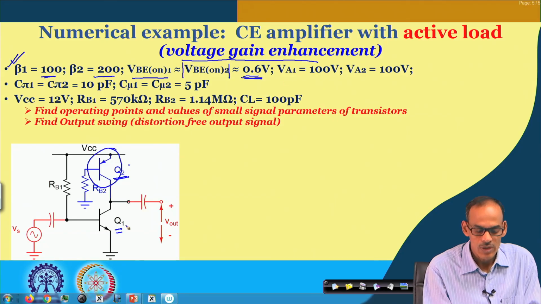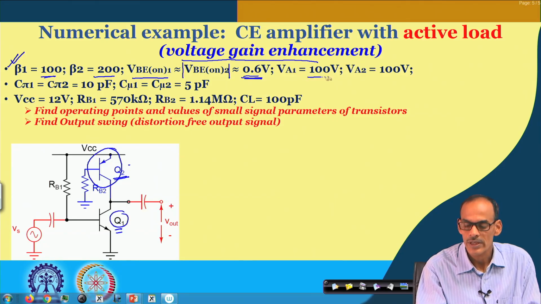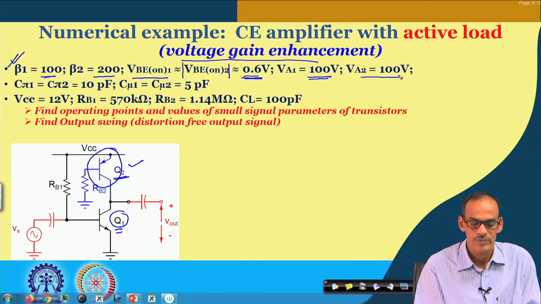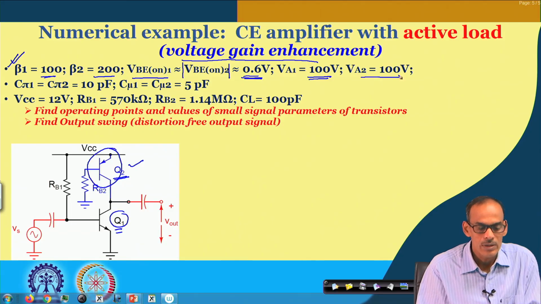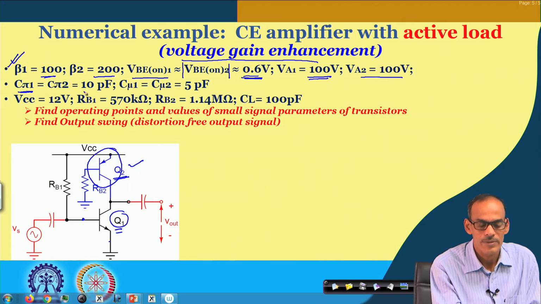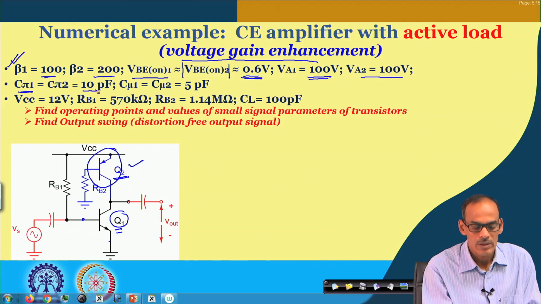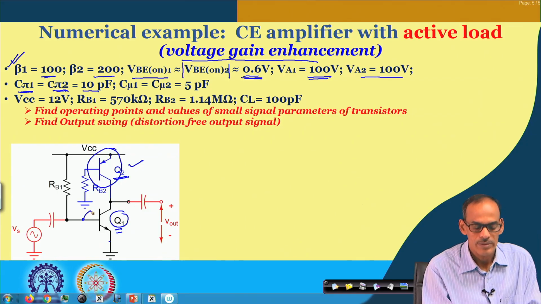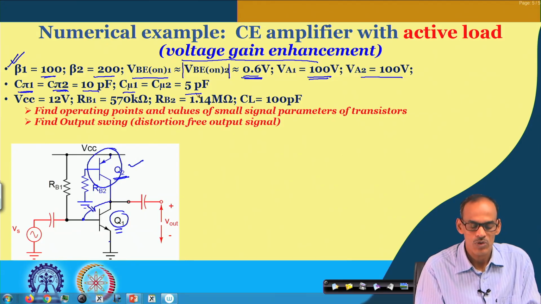The early voltage of transistor 1 is 100 volt, and likewise let us consider early voltage for transistor 2 also 100 volt. Then the capacitances, namely base to emitter C pi 1 for transistor 1 is 10 picofarad, and likewise for transistor 2 it is 10 picofarad. On the other hand base to collector C mu is 5 picofarad for both Q1 and Q2.